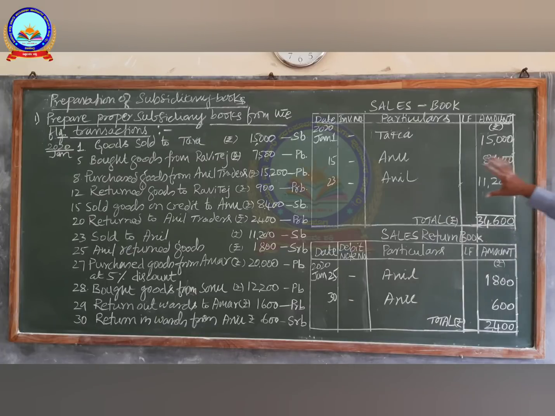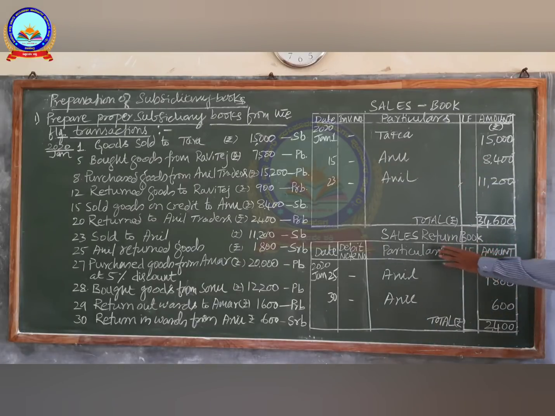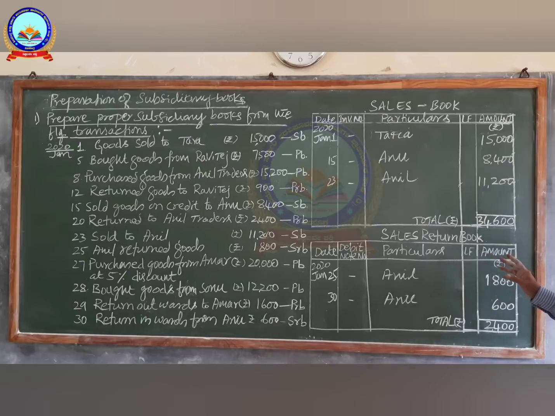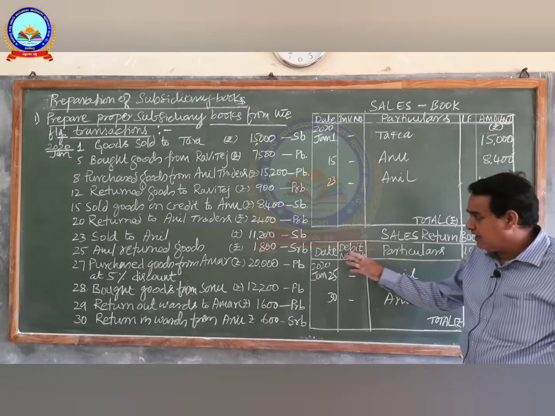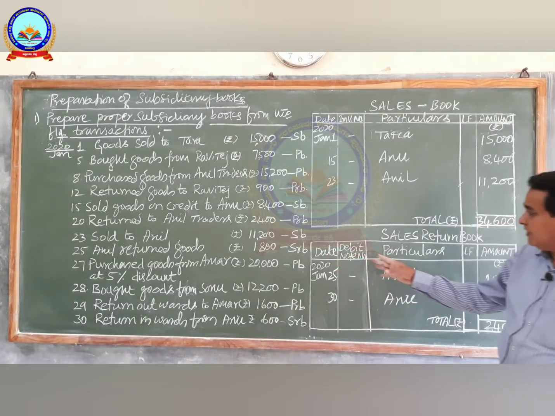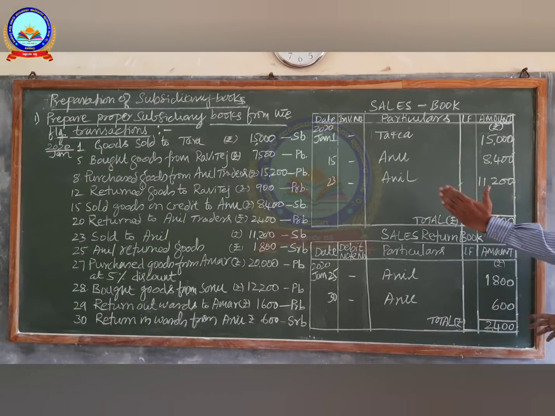Now, the preparation of the sales book is over. Next, subsequently, we have to prepare the sales return book. Draft the layout of the sales return book, enter the columns with the particular headings, then go through the transactions which have been given in the problem.